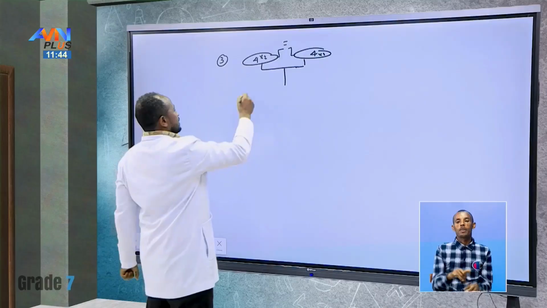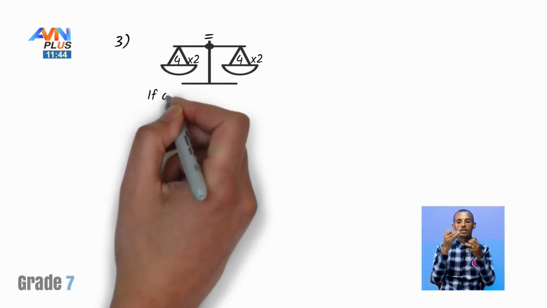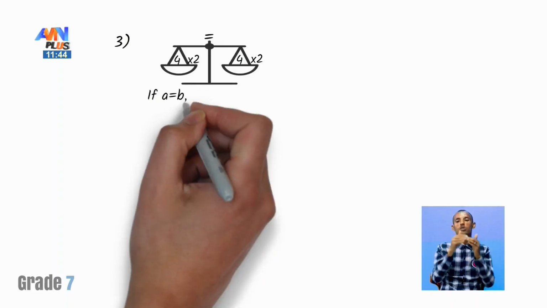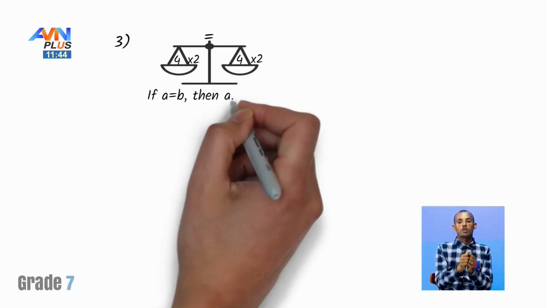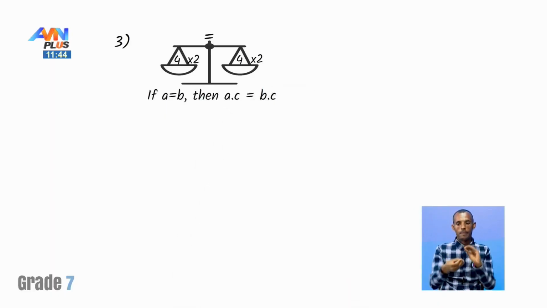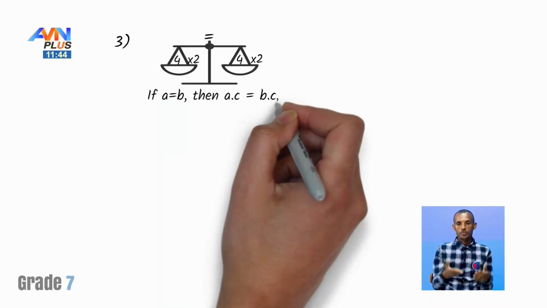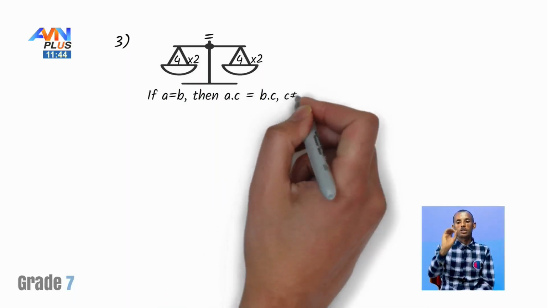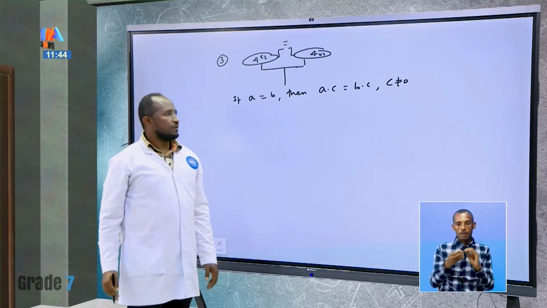So multiplying both sides of the equation, if A is equal to B, then multiply both sides by the same non-zero number C, C different from 0, the equation will not be affected.